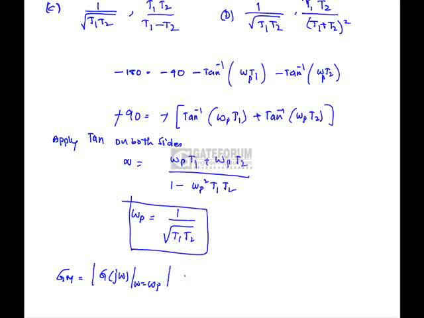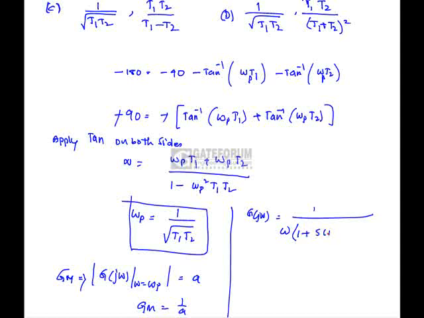If I indicate this with A, then the gain margin is 1 by A. So if we substitute omega p in the magnitude, G(j omega) is 1 by omega times 1 plus s T1 T2 plus s square T1 T2.